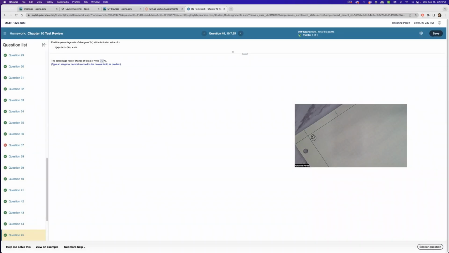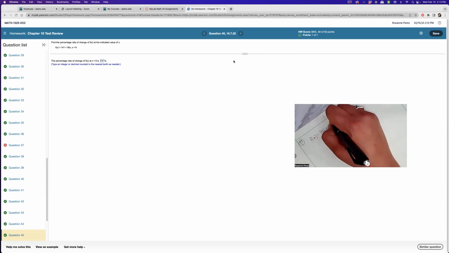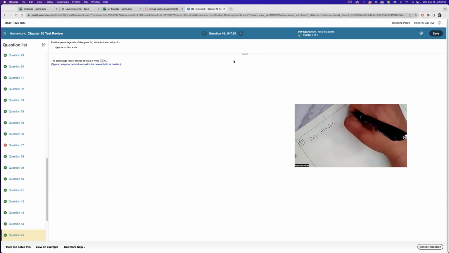Find the percentage rate of change at the indicated value of x. We're going to do the same thing first by calculating the relative rate of change, and then multiply by 100 to get the percentage rate of change. We're given the function f of x equals 141 plus 36x, where x equals 9.